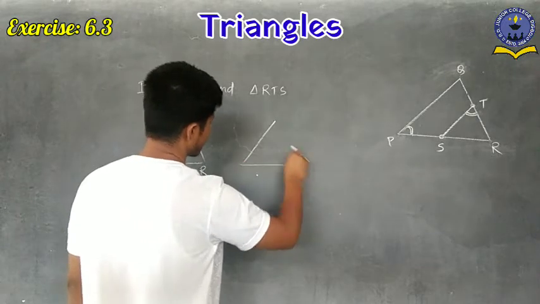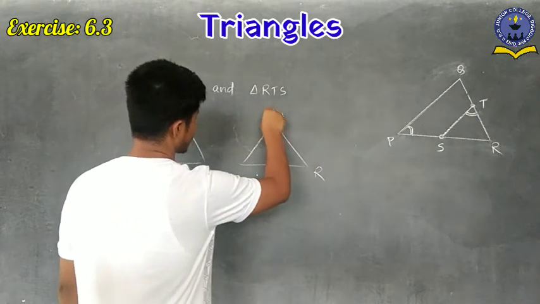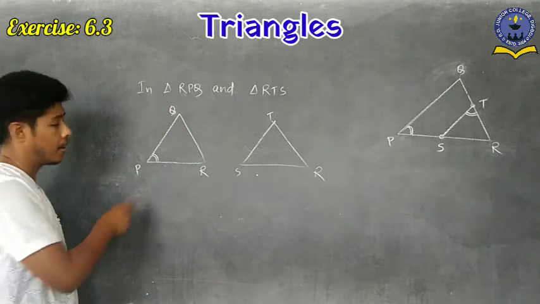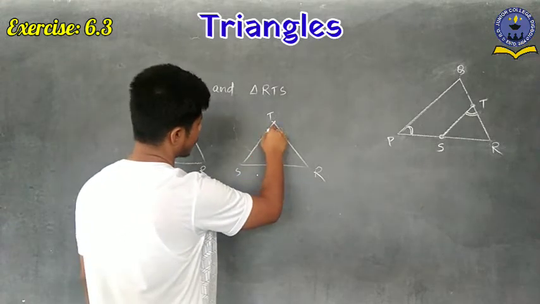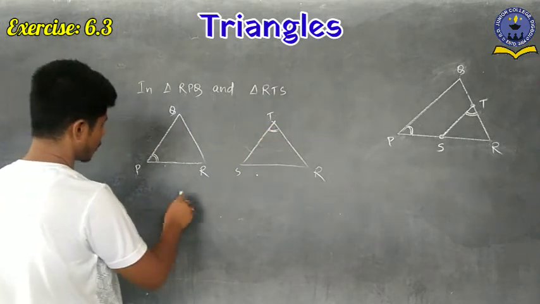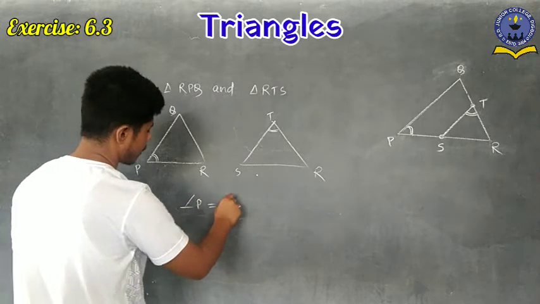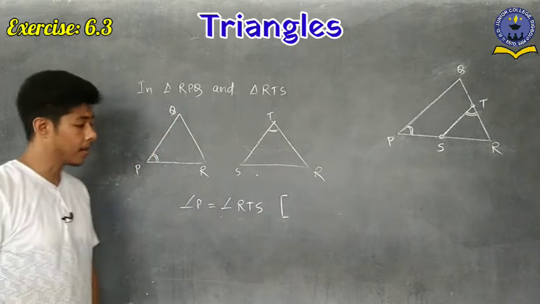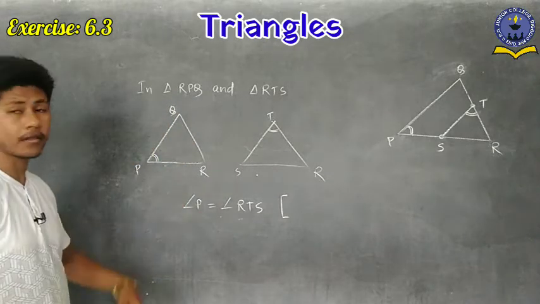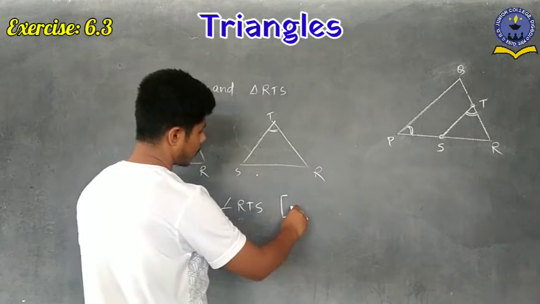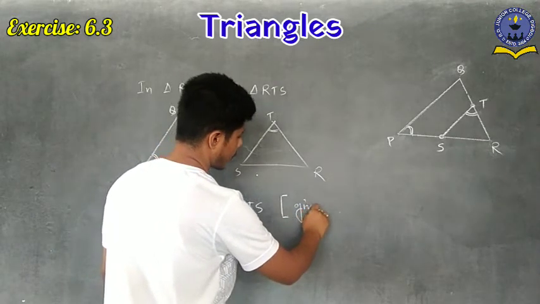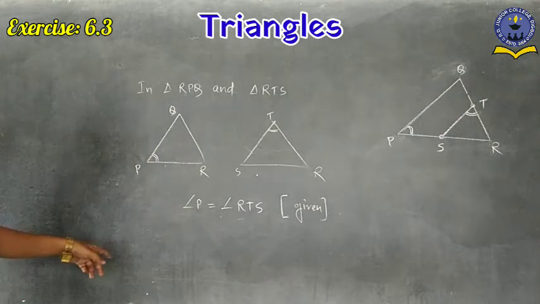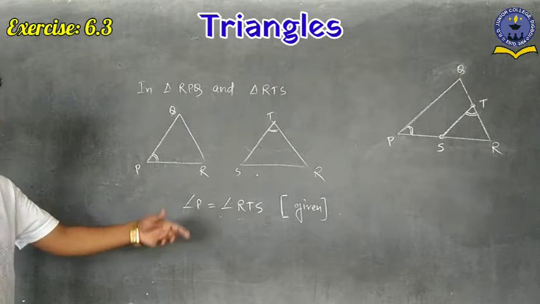So here it is R, this one is TS. Now according to the question, angle P is already given, angle P is equal to angle RTS. This one is given, isn't it? So the first condition we write here: angle P is equal to angle RTS. Is it clear? In bracket we have to write here, this one is given. Okay, next, after that, if you see here, any angle is the same.